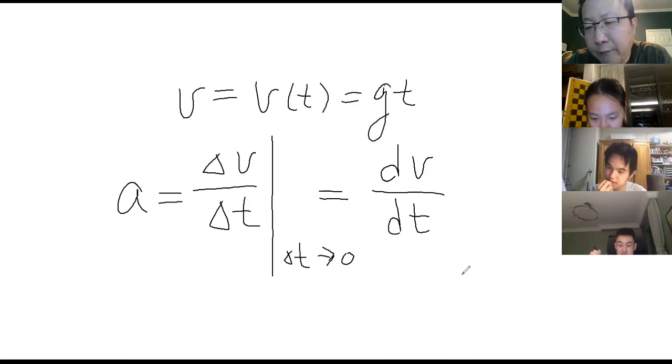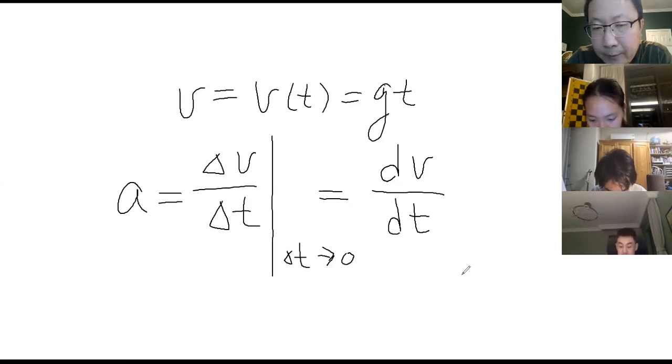That's 40. Correct. That's the velocity after you release the ball, after 4 seconds. That speed is roughly 40 meters per second. It depends on what g you use. When g is 10, it is exactly 40. When g is 9.8, it's a little bit less than 40.